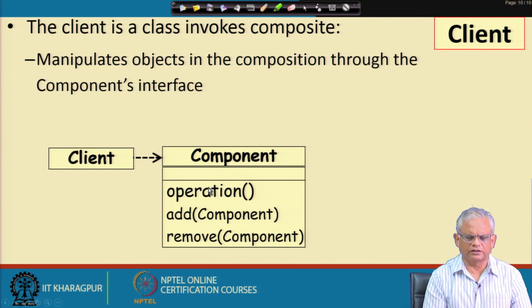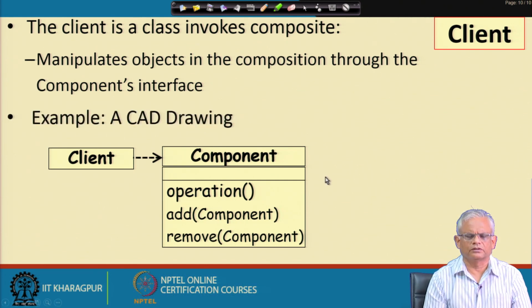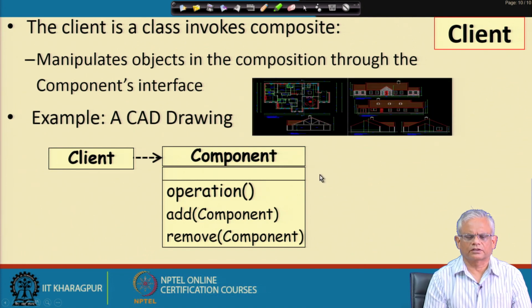So, these are the operations: add, remove, and the client invokes these without knowing whether he is dealing with a simple primitive object, a small group or a very large group. The same operations are supported by all. This typically happens in a CAD drawing. There are many other applications, as you will see just now.